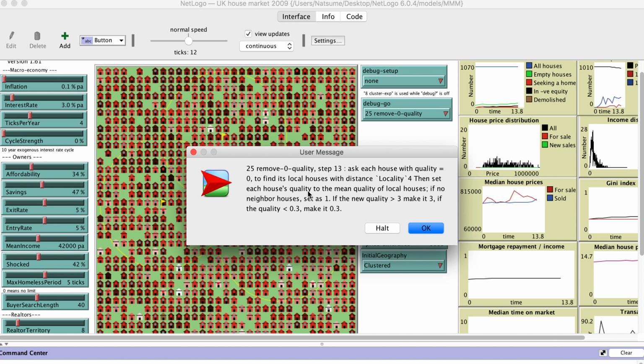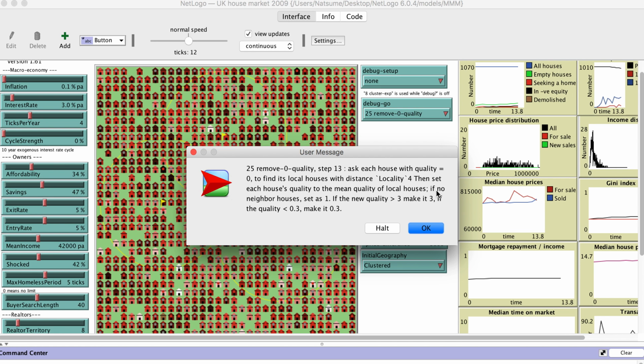And then once we located those local houses, we can get the local houses' qualities and take the mean quality for this newly built house's quality. So now the 0 is updated into the mean of the local houses' quality values.